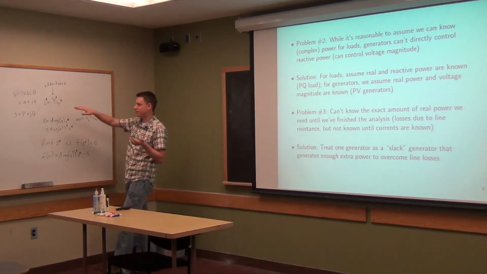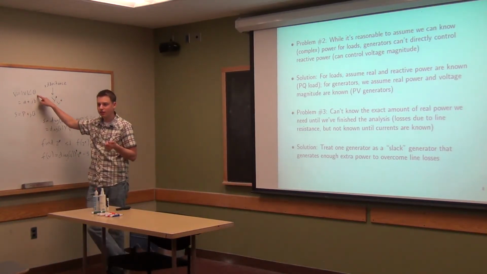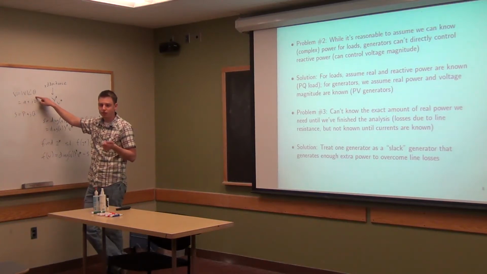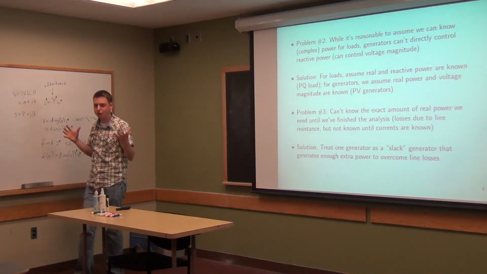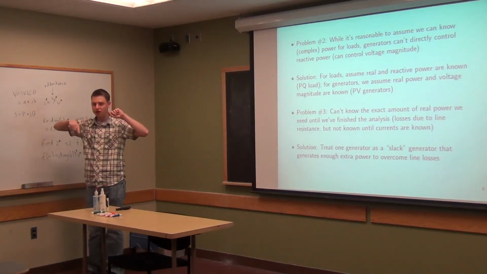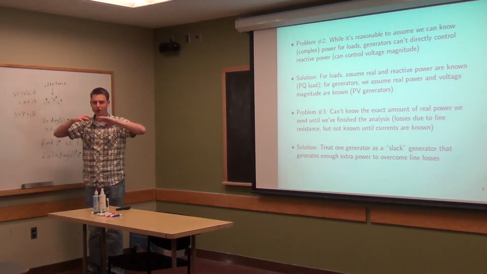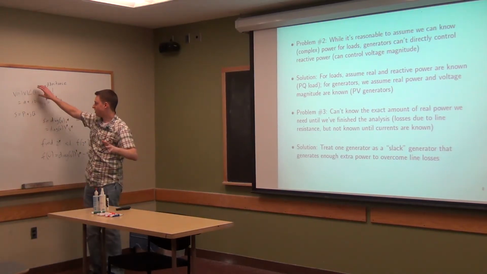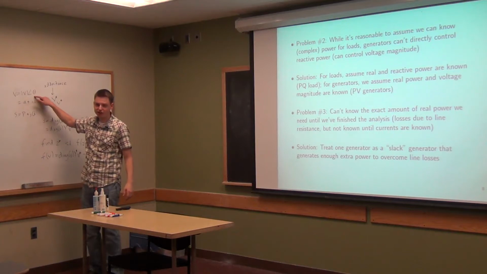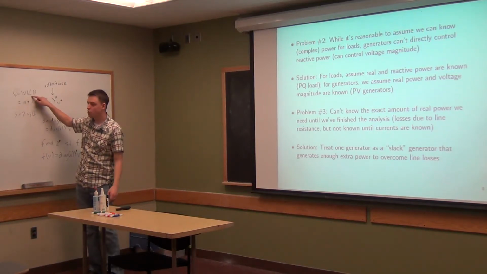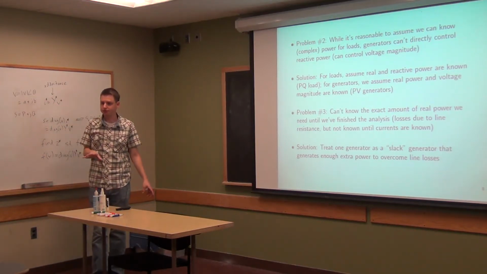But the other thing is that these voltage angles only really make sense in a relative sense. There's no absolute zero angle, right? These are sine waves that are oscillating. There's no actual zero. So we're also going to say that for this slack generator, we will assume that its voltage angle is 0.